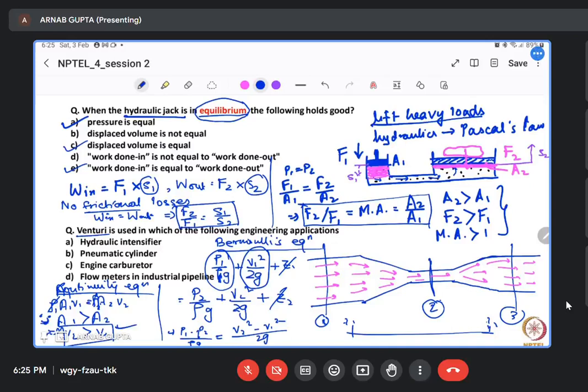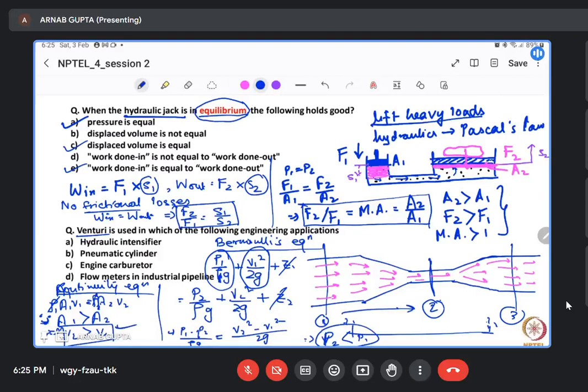So that's why this particular static head will reduce since the velocity is increasing. Therefore P2 will be less than P1, and hence the pressure energy of the fluid reduces as it goes from here to here.